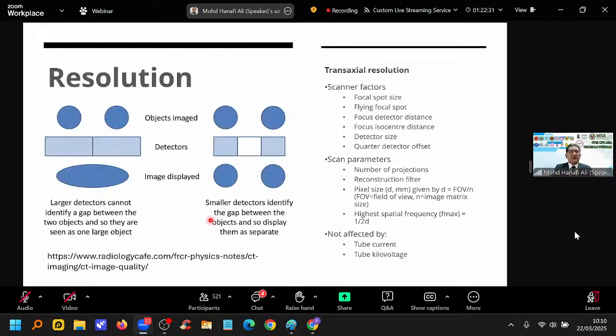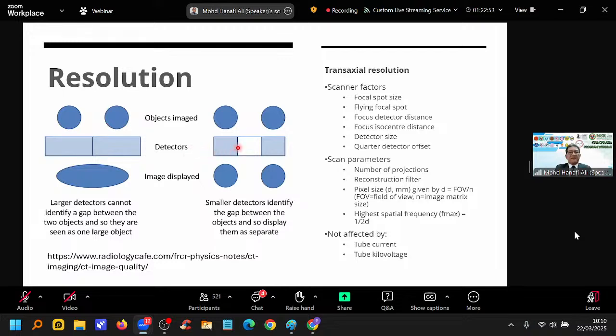And resolution, briefly, we can say that this is the image of the object, and here we have the detector. You see that the object is all the same. We have side A and B here, left side and right side, but we have different detectors here.